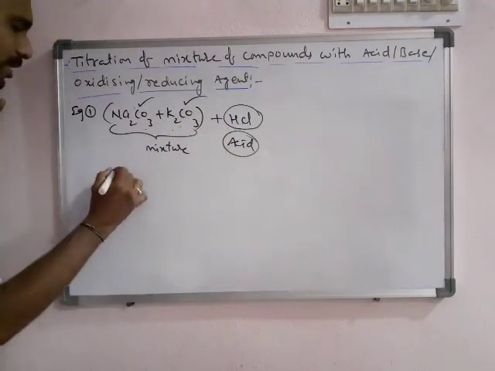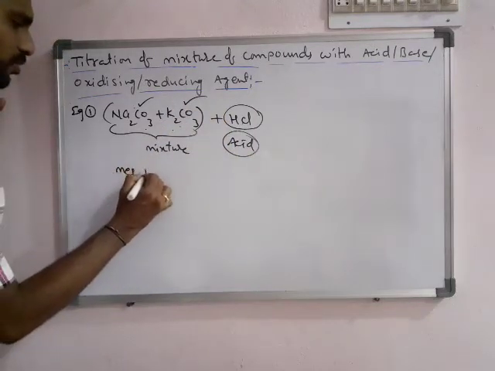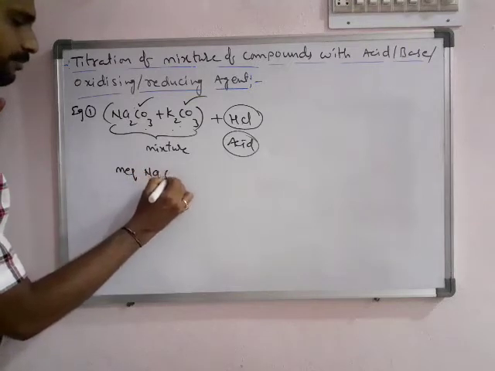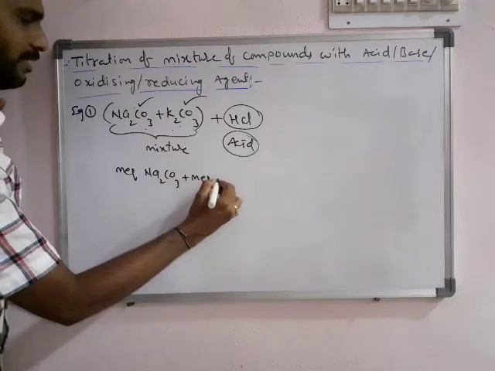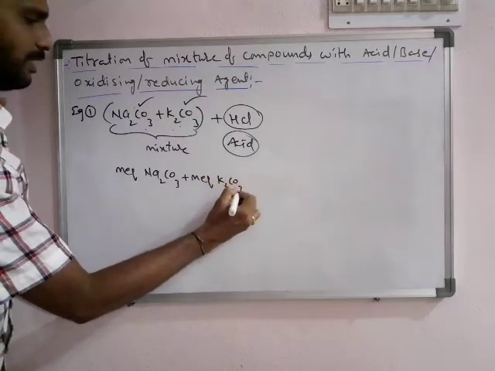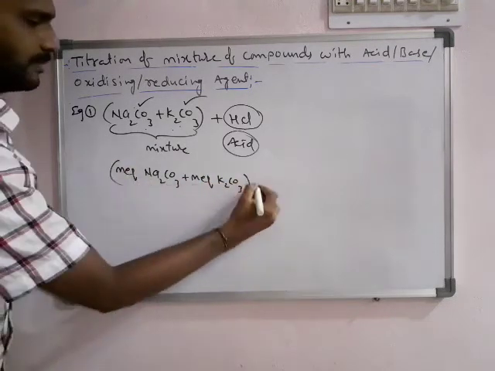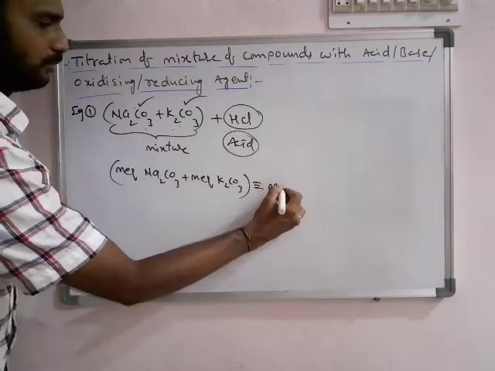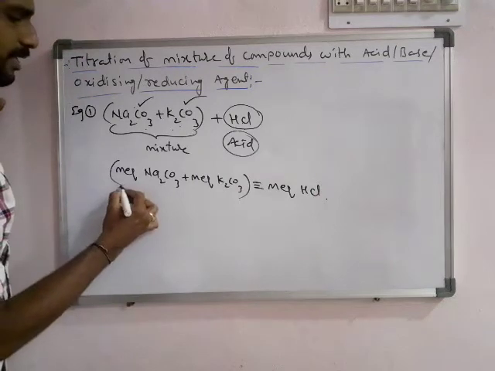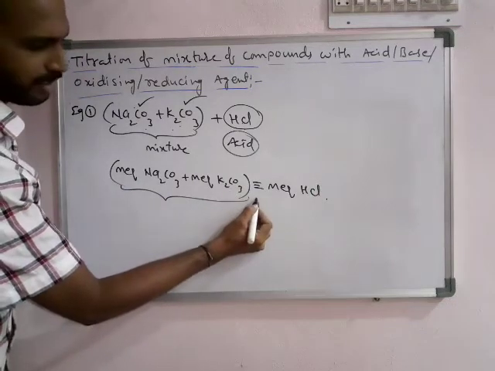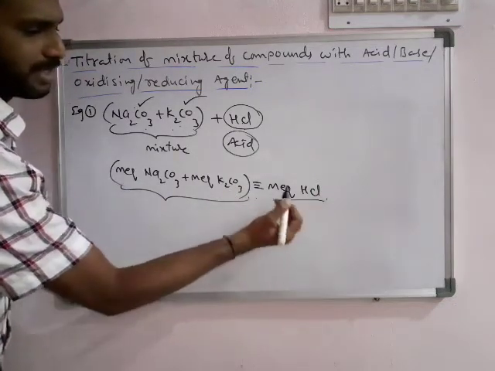So now we can write that the milli equivalents of Na2CO3 and the milli equivalents of K2CO3 are exactly equal to the milli equivalents of HCl. When we add the two milli equivalents, that must be equalized with the milli equivalents of HCl.